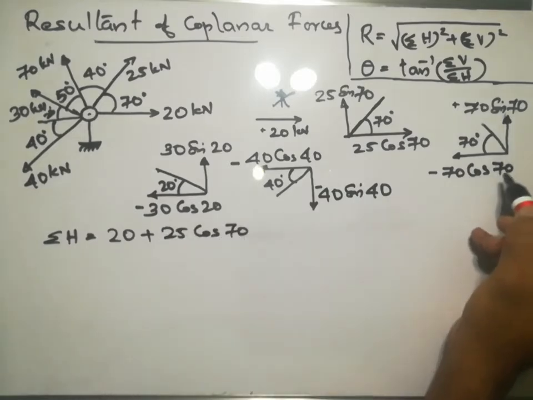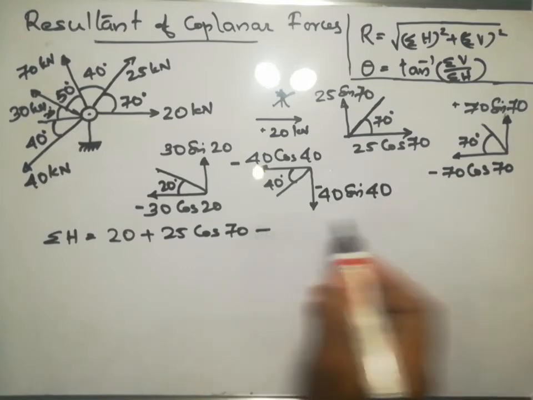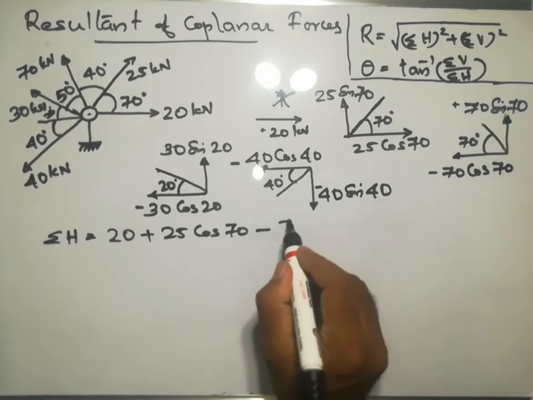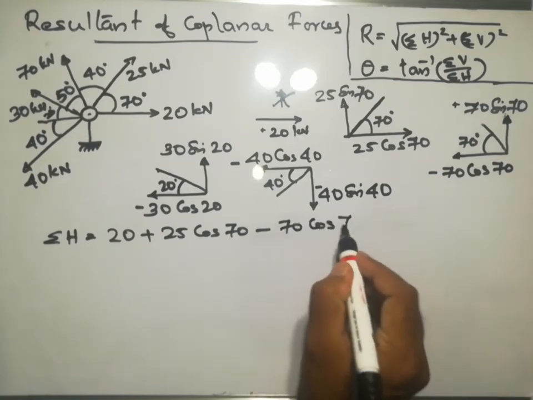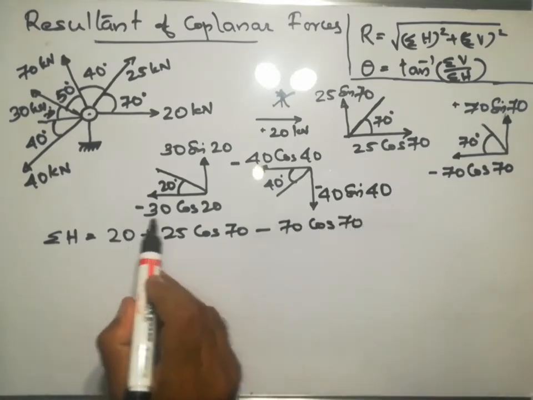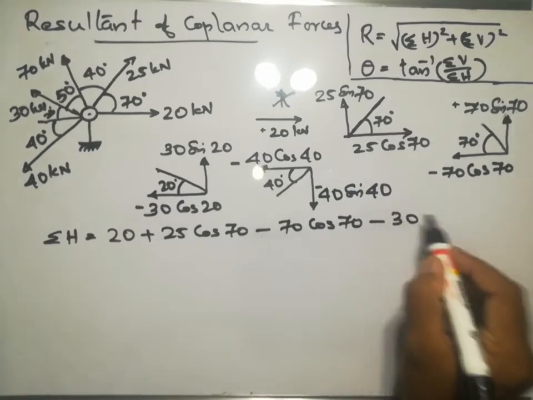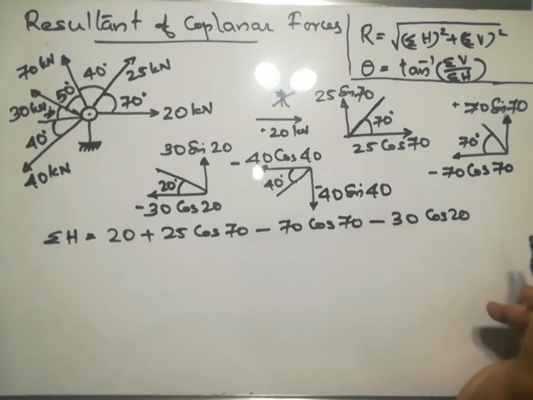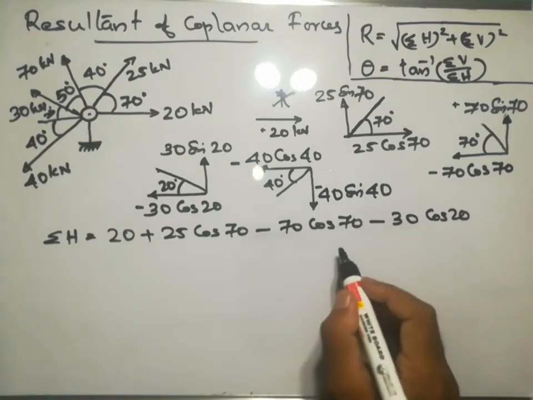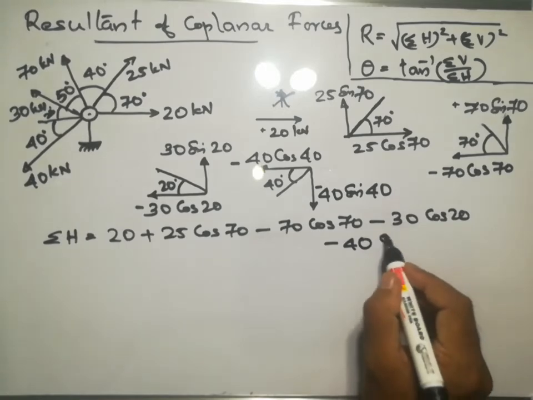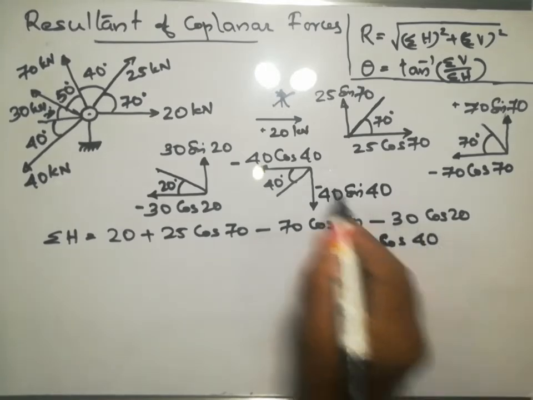Then the third force is in the negative direction, that is towards left, so minus 70 cos 70. The next one is also negative, minus 30 cos 20, and the last one is also minus 40 cos 40, this force.